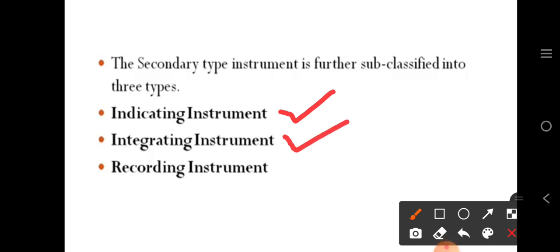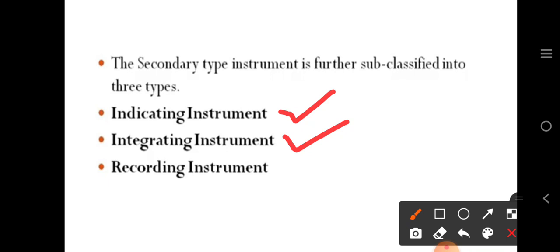An example of an integrating instrument is the ECG machine, where the data is collected and represented in the form of some graph. So this type of instrument is called an integrating instrument. In the further slides we will see them one by one with examples, and also see the definitions of these three types of instrument. All these three are secondary types of instruments.